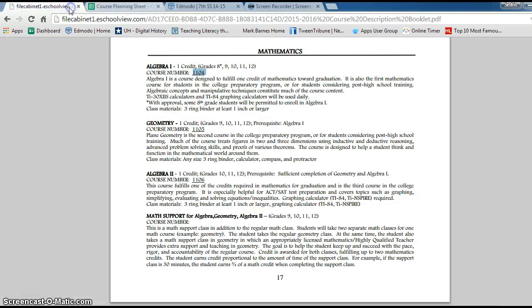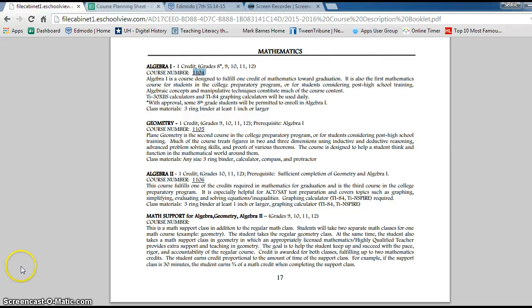So you're going to have an idea of how your math is going to flow. So if you start with Algebra 1 your freshman year, you would move into geometry as a sophomore, and then from there you would move into Algebra 2. Now, Ohio requires that everybody at least finish with an Algebra 2.